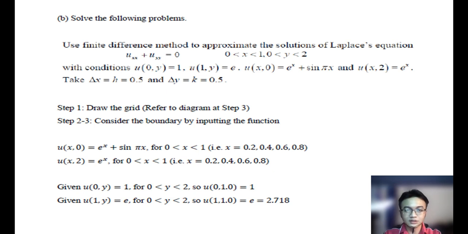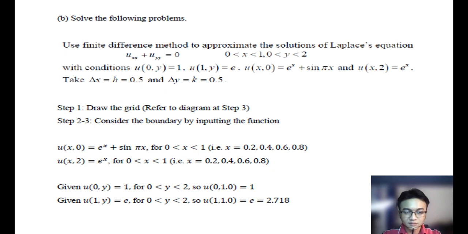First, we extract all the equations out. e to the power x plus sine pi x for x. We choose 0.2, 0.4, 0.6 and 0.8 because the value of x must not be more than 1 or less than 0. Same goes to the other equation.